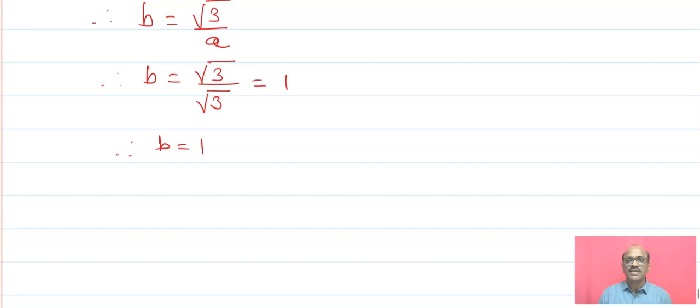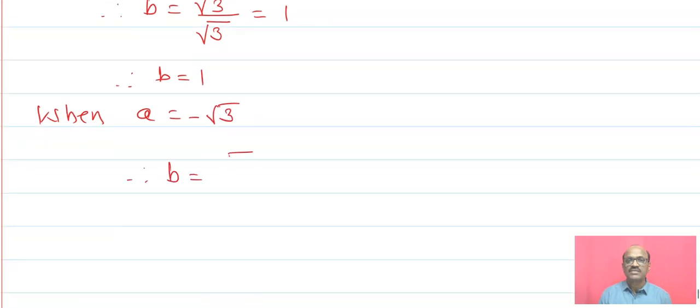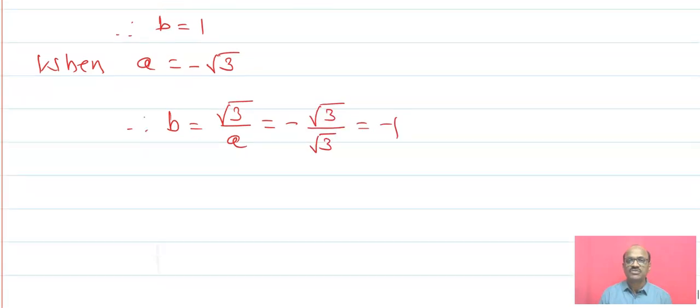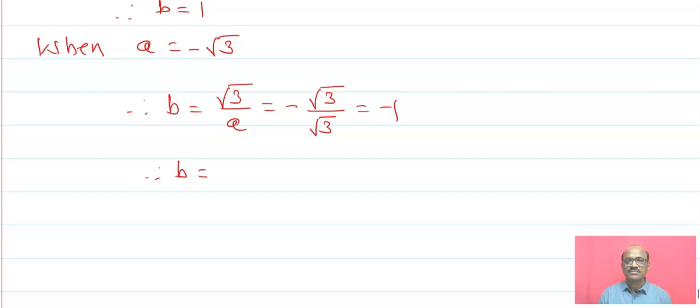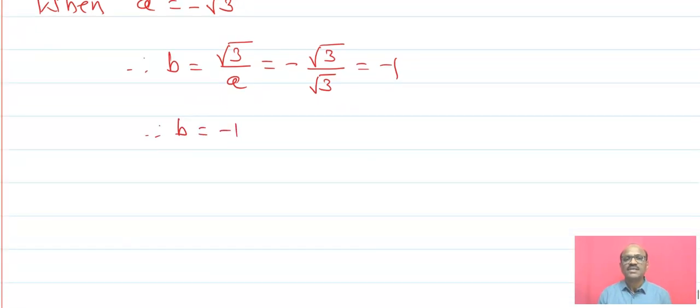And when a is equal to minus root 3, therefore b is equal to root 3 upon a, that is minus root 3 upon root 3, that is equal to minus 1. So b is equal to minus 1.